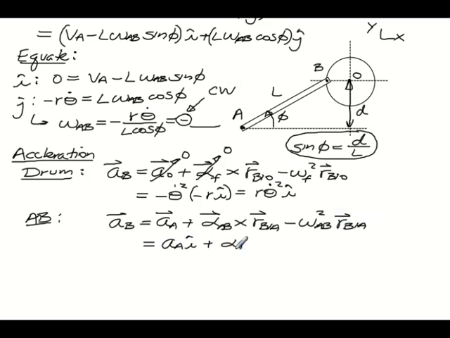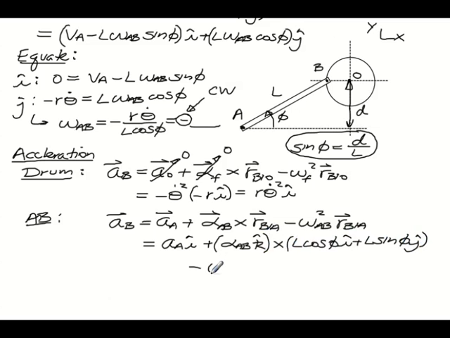Alpha AB, don't know what that is. Don't know which way, what sign it has or the magnitude, but I do know it's about k, so that's an unknown. The vector which goes from A to B is going to be an L cosine phi in the i, L sine phi in the j.